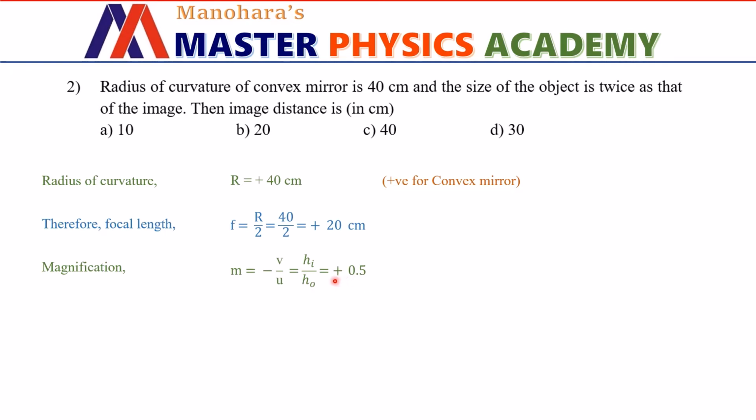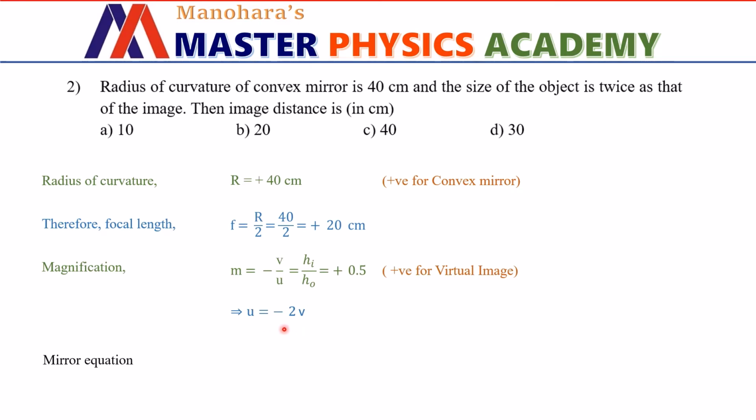And according to the sign convention, it should be positive as the image is virtual in the case of a convex mirror. Now, we may use this to build the relation between object distance and image distance, and we find that u = -2v.